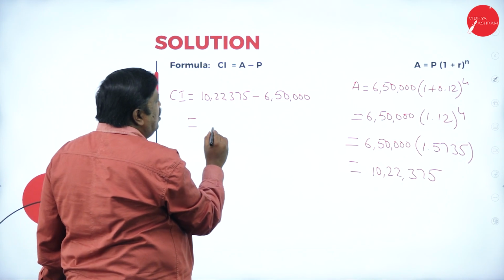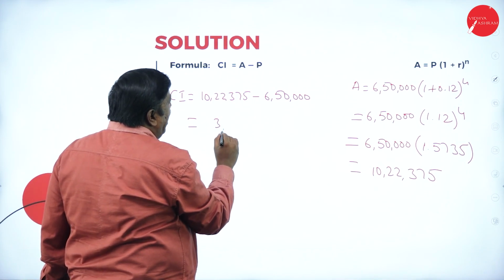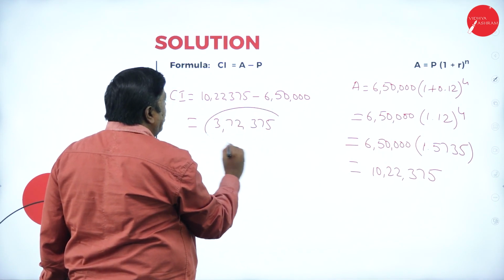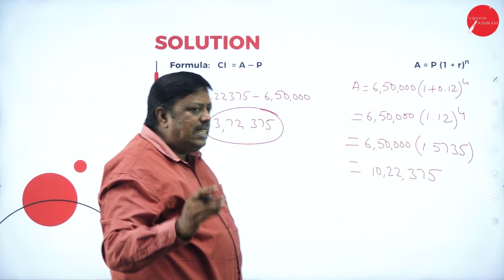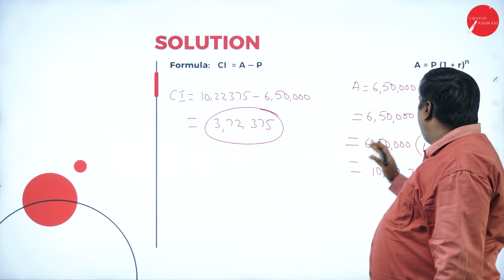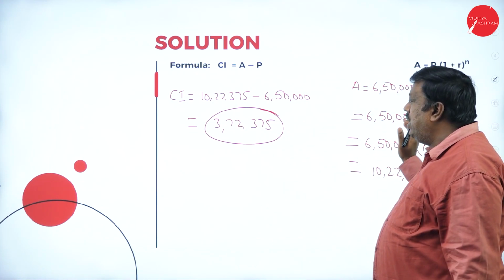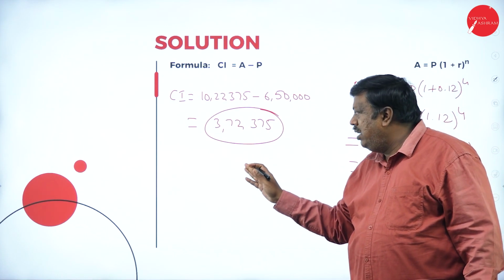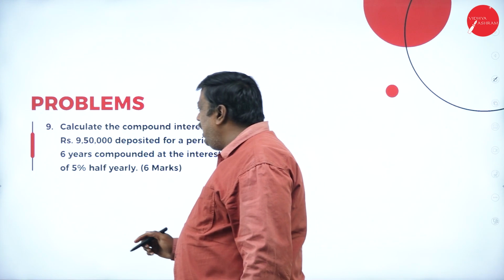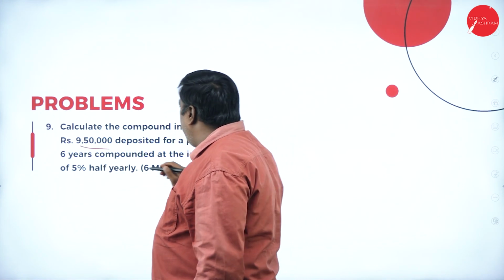So the amount will be 3,72,375. My compound interest for 6,50,000 at the rate of 12% for a period of 4 years, what we are going to earn is 3,72,375. And in the next case, the principal amount is here.